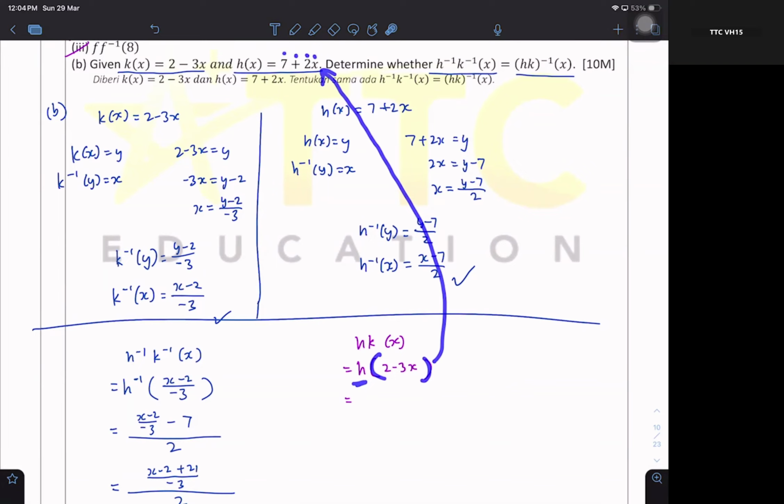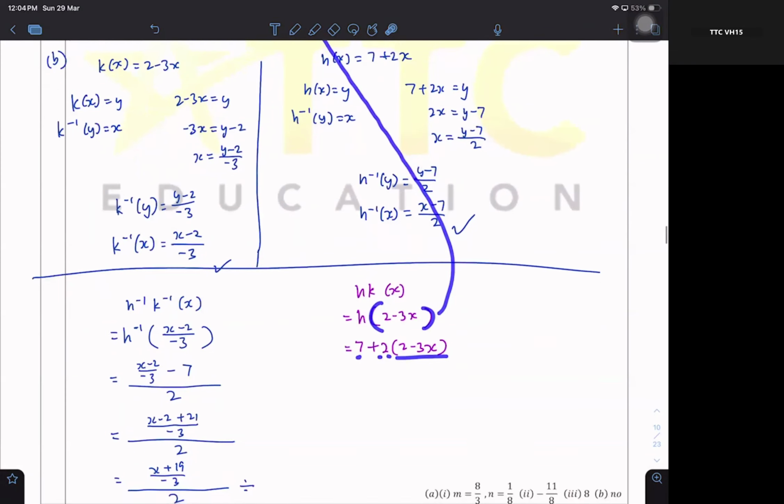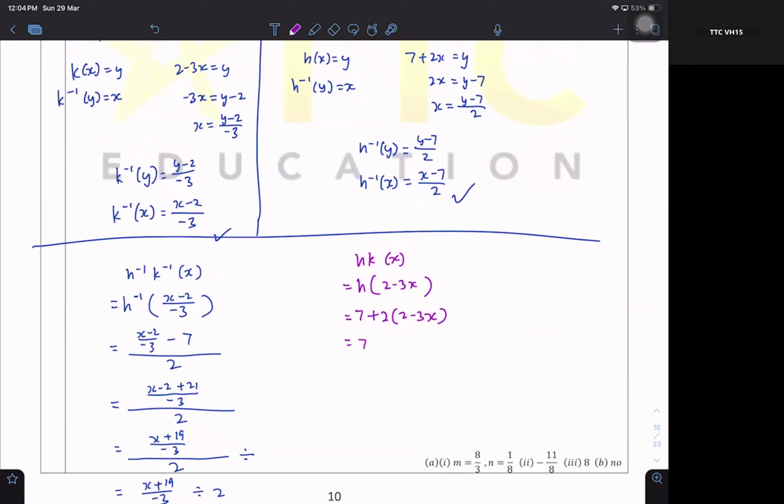This is the most important thing that we learned: take the bracket, sub into x. 7 plus 2 bracket. Then you expand.